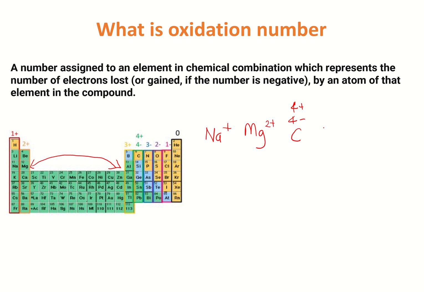Then we're looking at nitrogen, which has a 3-. This means its oxidation state is 3-, so it's negative. It gains 3 more electrons to get that full octet. And it goes on with oxygen and fluorine.